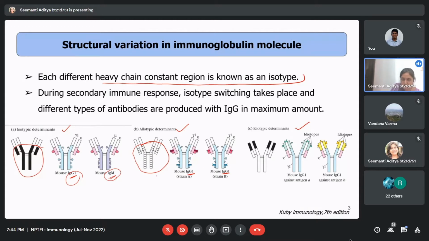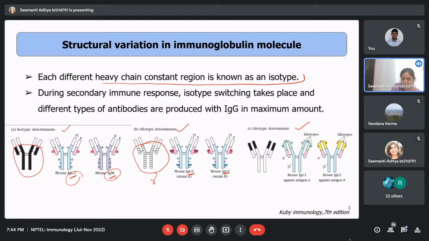Your mu chain is not going to become the delta chain, but here your gamma chain only. The gamma chain will have certain differences in its sequence. Because of that, your different IgG molecules will be different, so different individuals of the same species will have different kinds of IgG molecules.